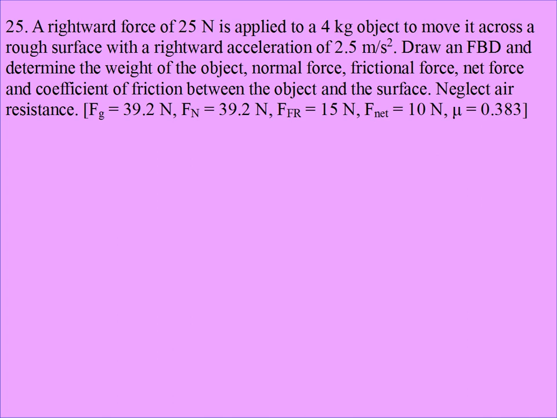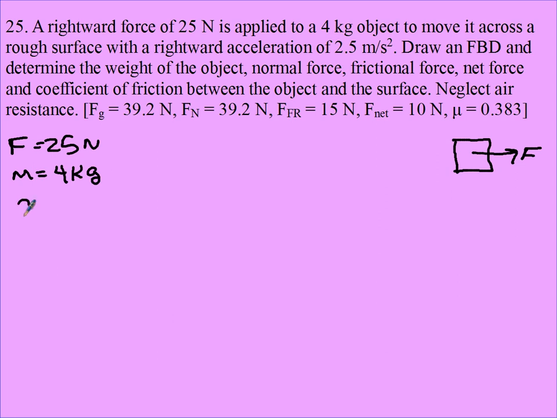Alright, now I have a rightward force of 25 newtons being applied to a 4 kilogram object. So I have a force of 25 newtons applied to a 4 kilogram object, so my mass is 4 kilograms.